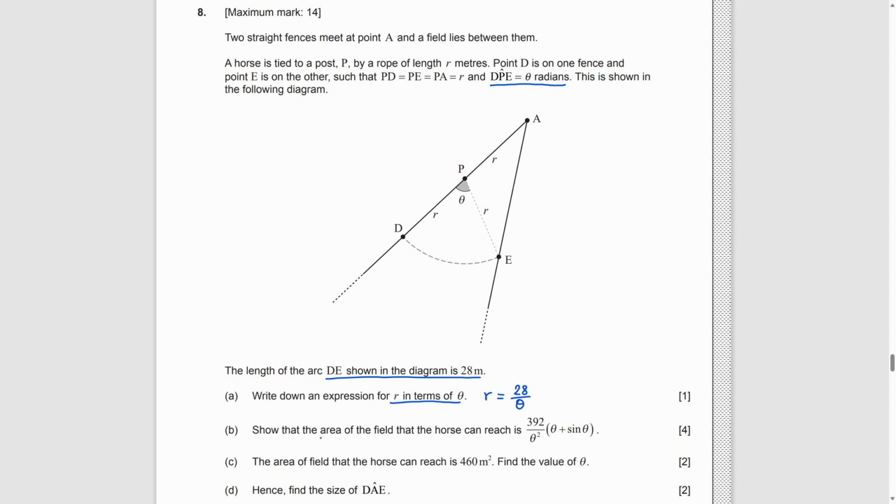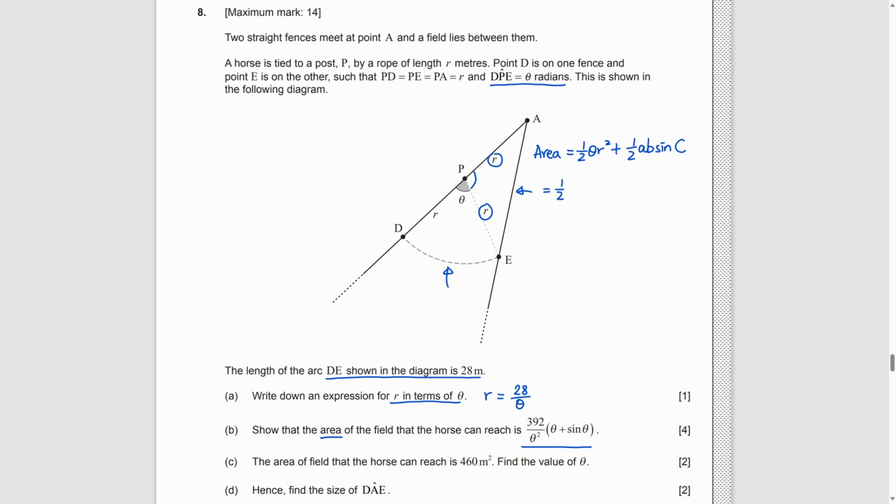Part B. The area the horse can reach is this. That means the total area of this sector and this triangle. Sector area is equal to half theta times r squared. And the area of the triangle is half ab sine C. a and b are this side and this side, and C is the angle between them.